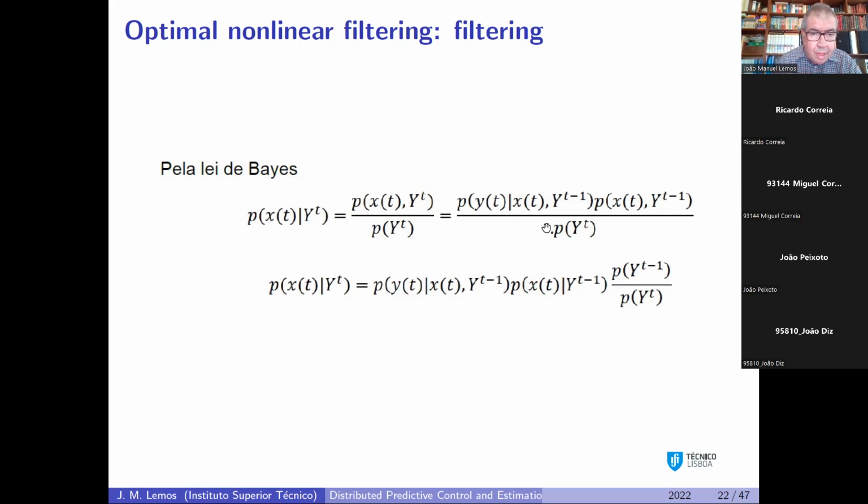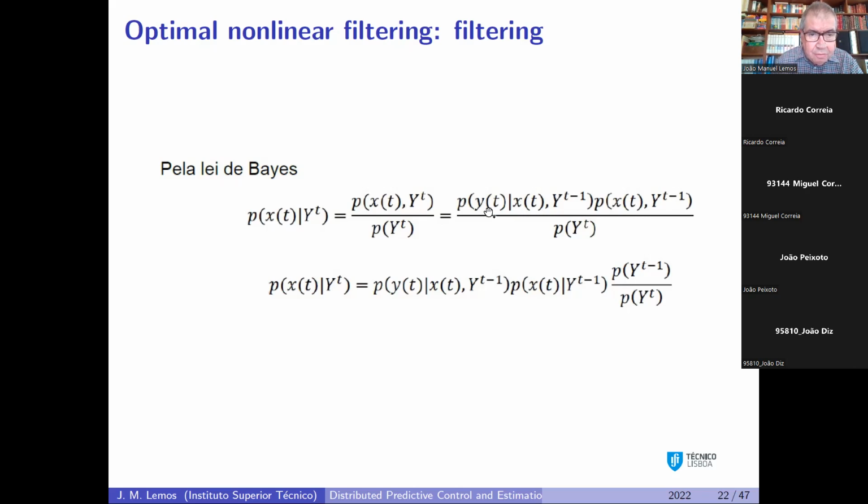Now here you isolate this last term. Remember, yt is a sequence: small yt, small yt minus 1, small yt minus 2, etc. So this joint probability should be, I'm isolating the first term over there, and then I will have y of t minus 1, but I'm conditioning on xt as well, and I multiply by its probability density function.